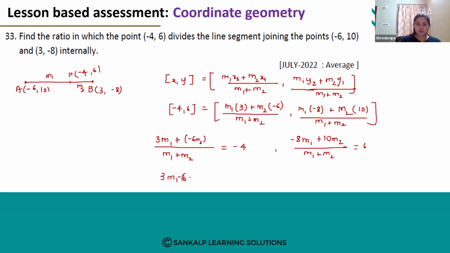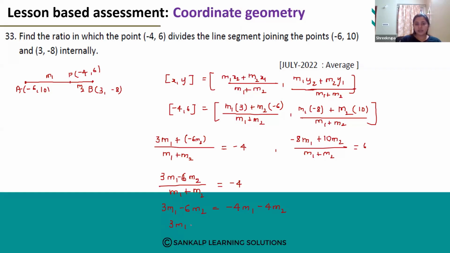(3m1 - 6m2) divided by (m1 + m2) equals -4. If we cross multiply the terms, then we will get 3m1 - 6m2 equals -4m1 - 4m2. Let's take m1 to one side and m2 to the other side. 3m1 and -4m1 is there.